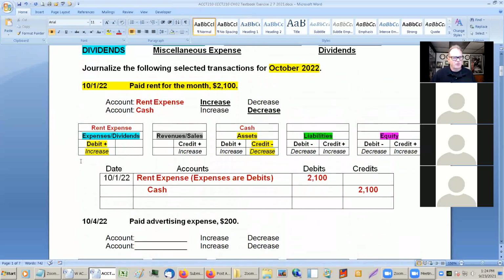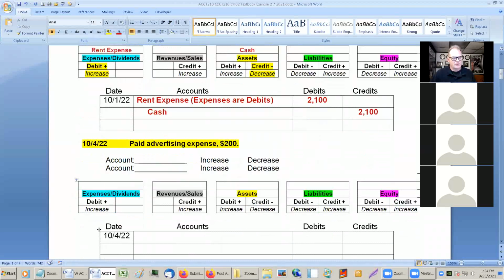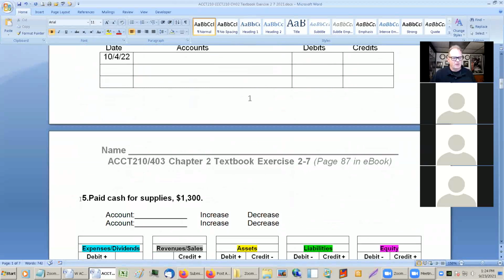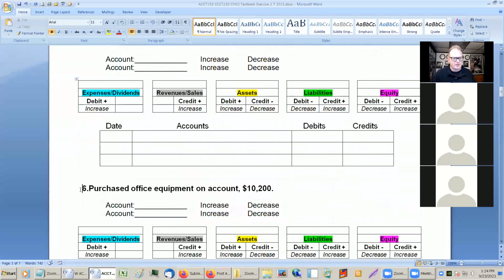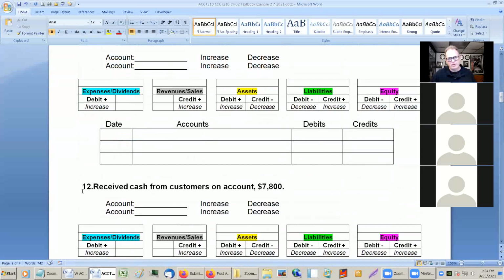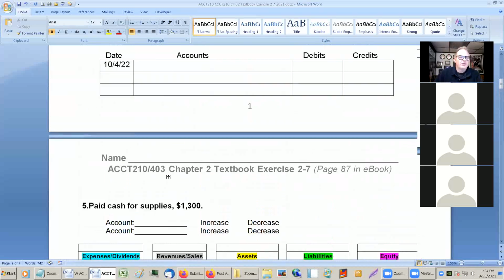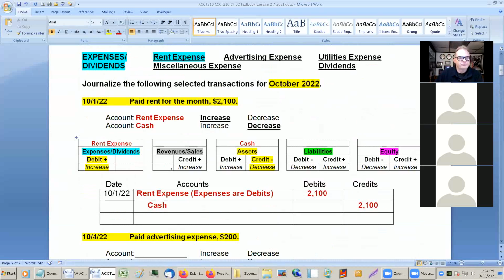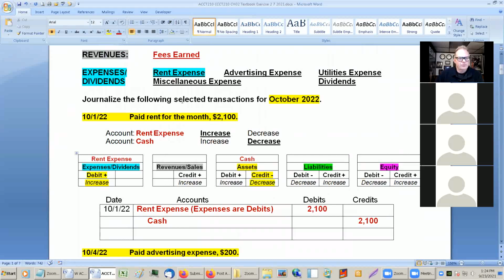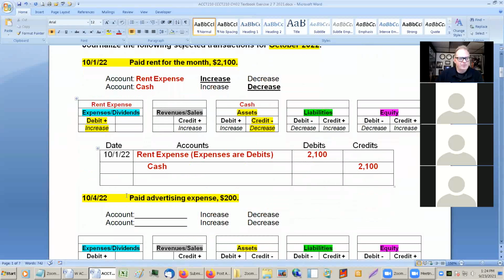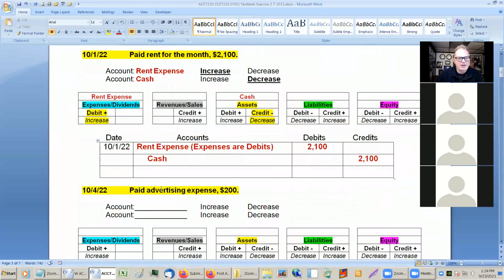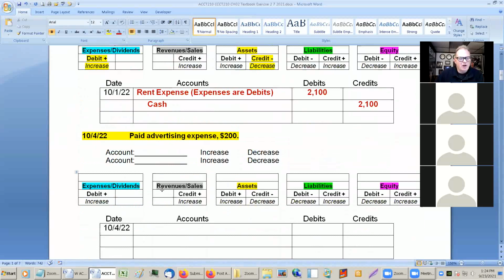So this would be October 5th, 6th, you get the idea, 12th. But you're absolutely right, it's not obvious. But all right, so for this one, this advertising expense.